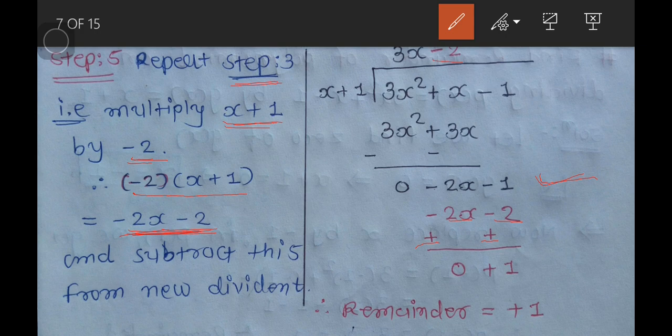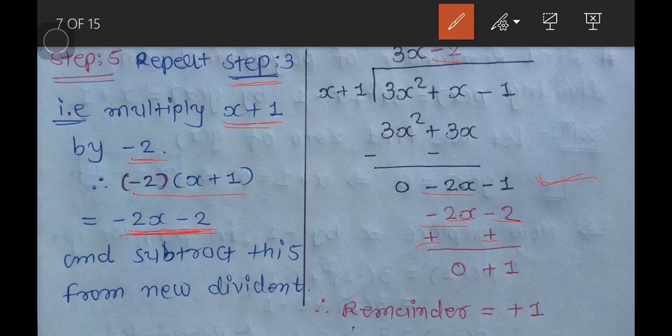Now here, why are we changing the sign of 2x and 2? Because you can see that the first term here is minus 2x, and the first term here is also minus 2x, so we can't do the subtraction of this term without changing the sign.